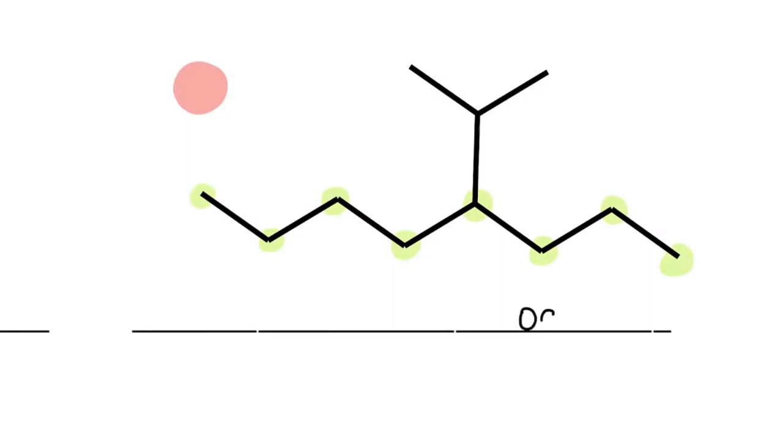Great, that's octane. We have to number this from the end that is nearest a substituent. Here we have 1, 2, 3, 4, 5, 6, 7, 8. Taking that into consideration, we have on carbon 4 the following branch.